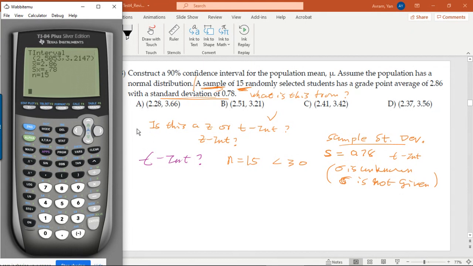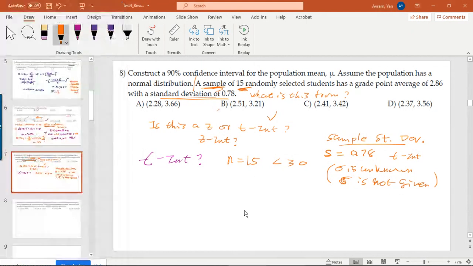I can just go ahead and hit calculate. Rounding to 2 decimal places, the third digit is 5, so you round up. This is regular rounding. So I have 2.51 to 3.21. So I have the answer right here already.